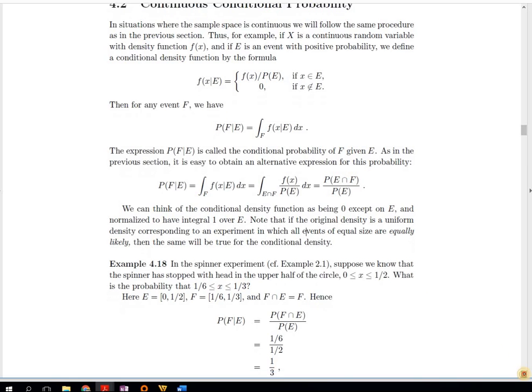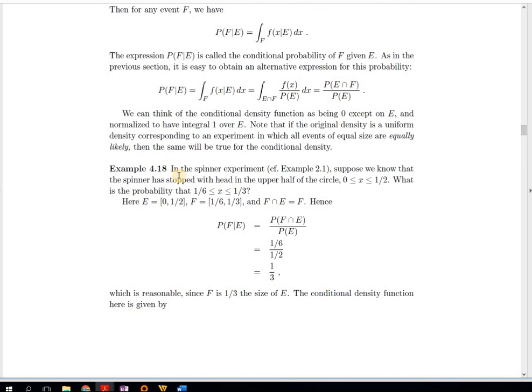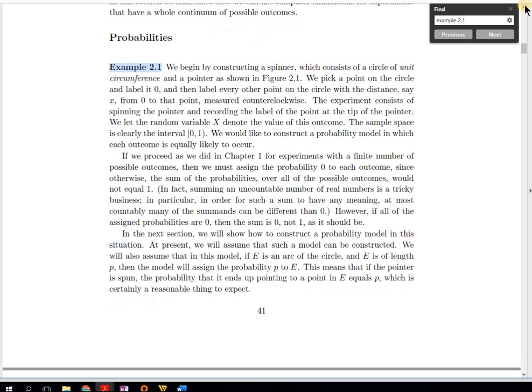All right, so here's an example. In the spinner experiment, suppose we know the spinner has stopped with head in the upper half circle, where x is between 0 and 1/2. What is the probability that x is between 1/6 and 1/3? Now, example 2.1 is back here.